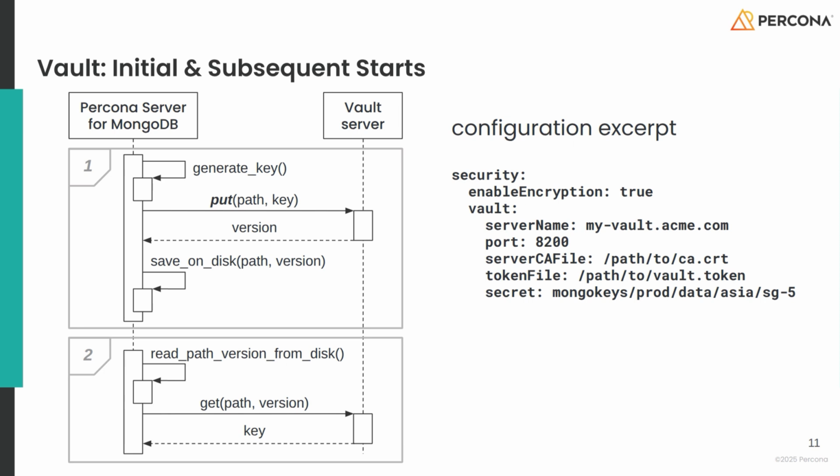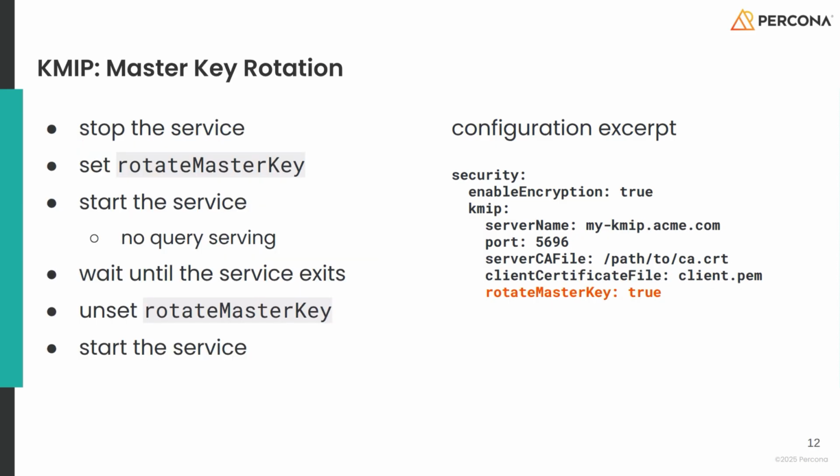And again, during the restart, it reads path and version from disk and requests the Vault server for the key. And that is what is required to set up data at rest encryption with either of two key management systems.